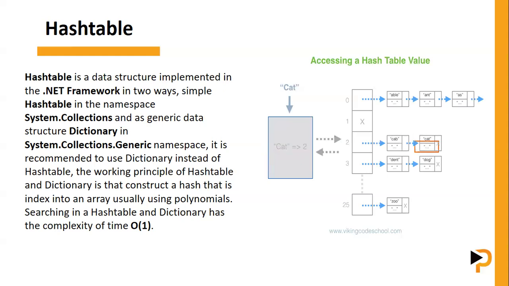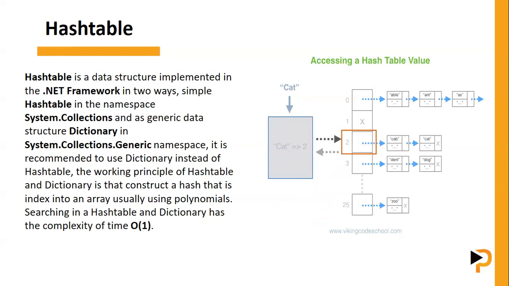Now, a hash function is nothing but a mathematical formula or algorithm that transforms the key into the hash value. So cat is transformed to 2 by using the hash function, and that value will be searched in a hash table. This 0, 1, 2, 3 is the hash table, and a hash table is the data structure that stores the value associated with the key.